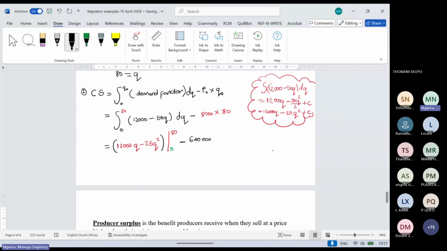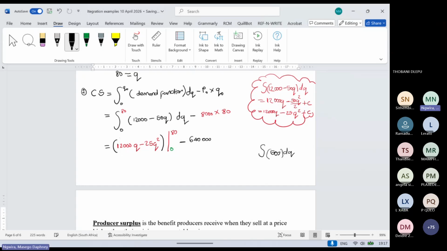What is the integral of 50Q? How do you integrate this?